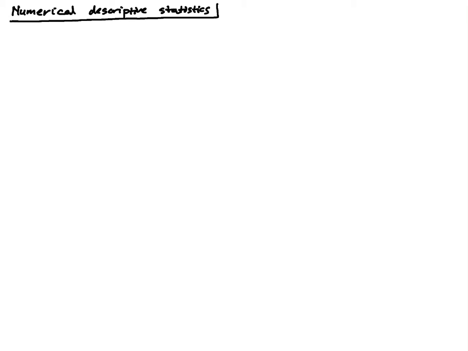And we will start by defining a couple of things. First off, summary statistics are numbers that are used to describe or summarize data.